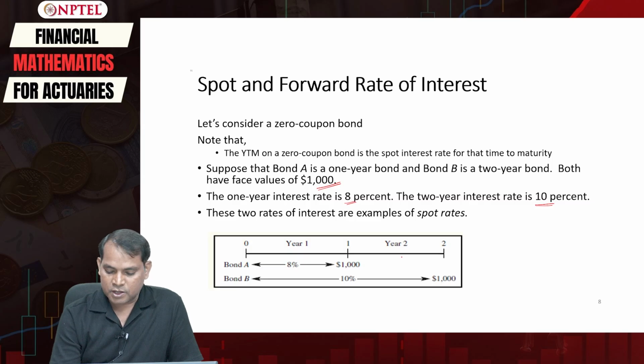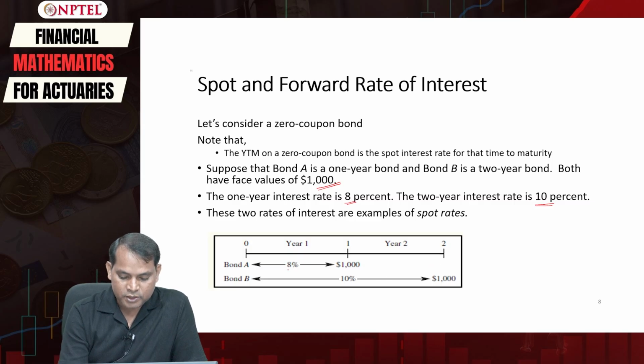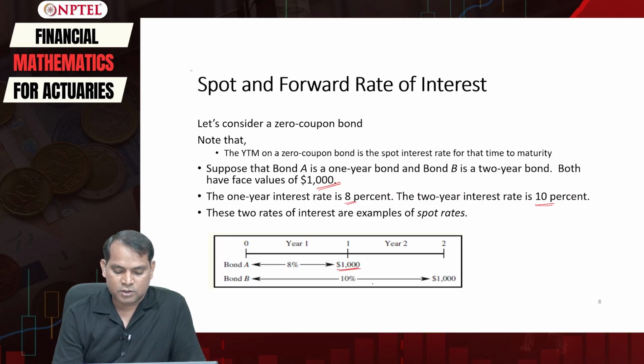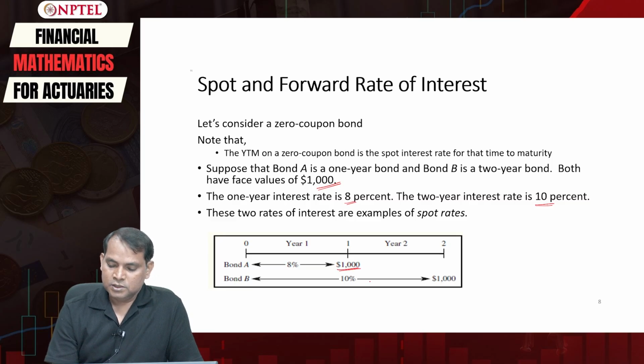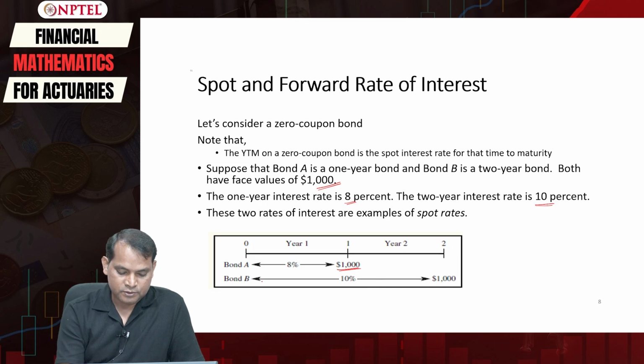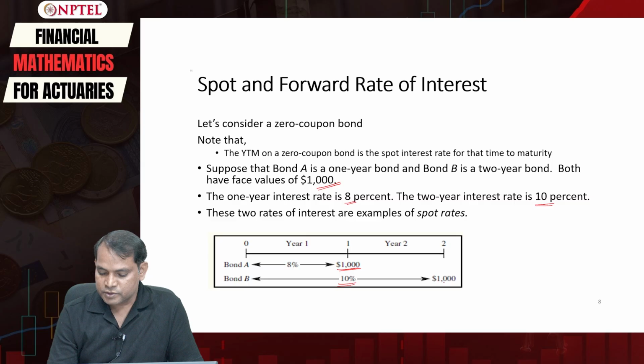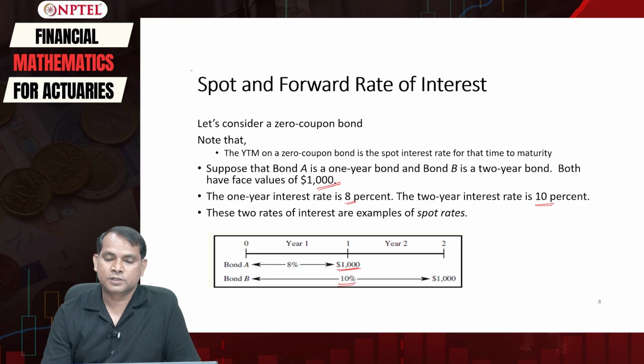In this timeline diagram, it is clearly shown that bond A, which has 8% for 1 year, 0 to 1, has a face value of 1000 rupees. Similarly, the 2 year interest rate is 10%, and the face value is 1000 rupees. Both of these are spot interest rates, or simply spot rates.